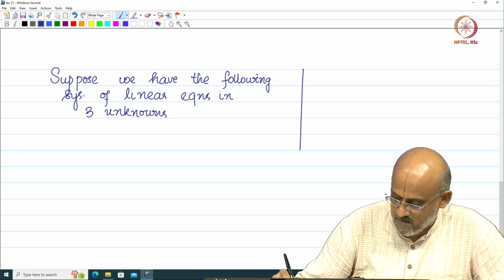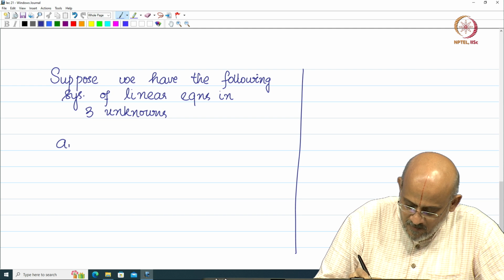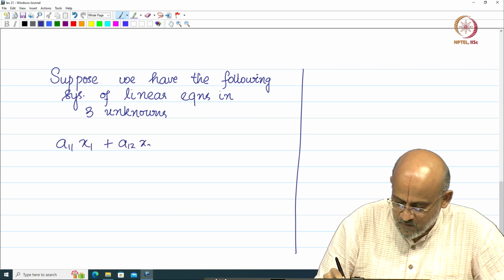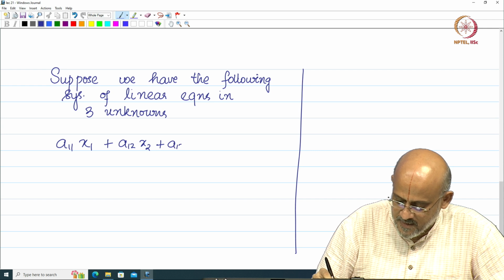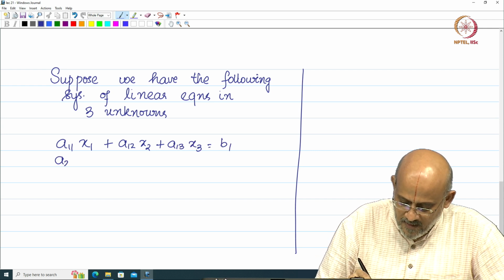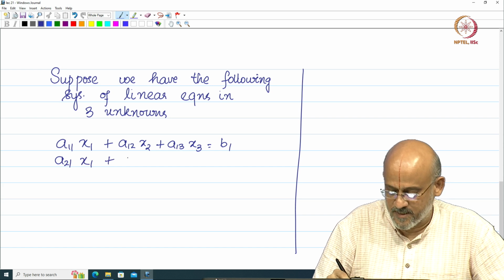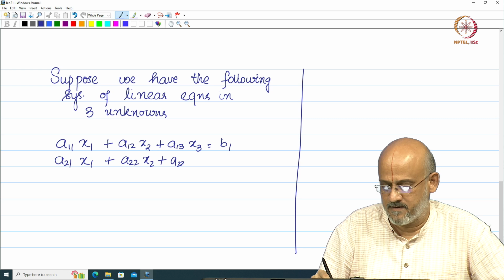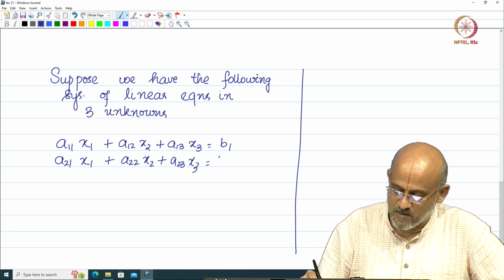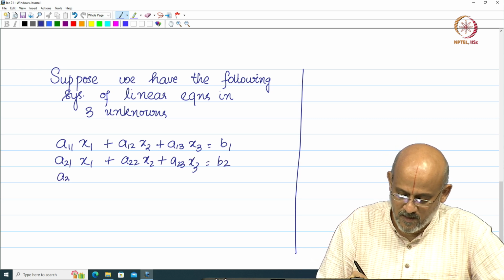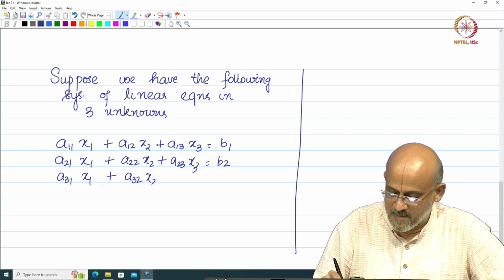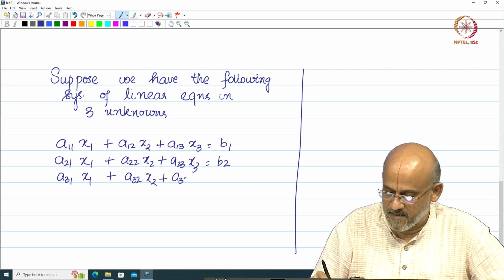Right. So I am going to have A11 x1 plus A12 x2 plus A13 x3 is equal to B1, A21 x1 plus A22 x2 plus A23 x3 is equal to B2, A31 x1 plus A32 x2 plus A33 x3 is equal to B3.